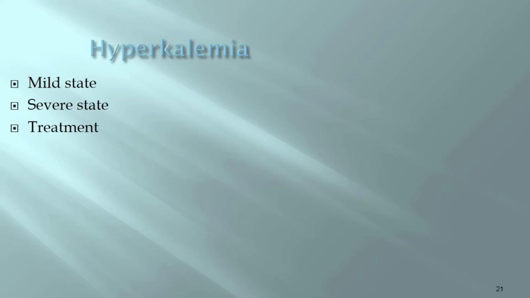So what will we do for treatment? Calcium gluconate can restore the neuromuscular irritability when the potassium levels are high.